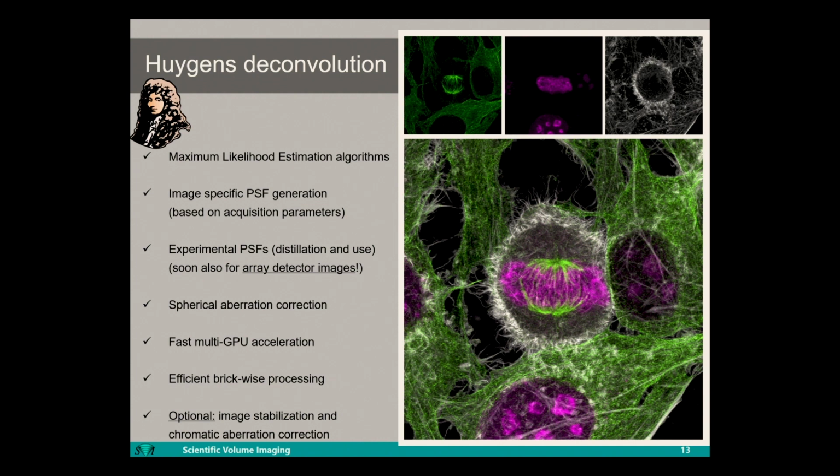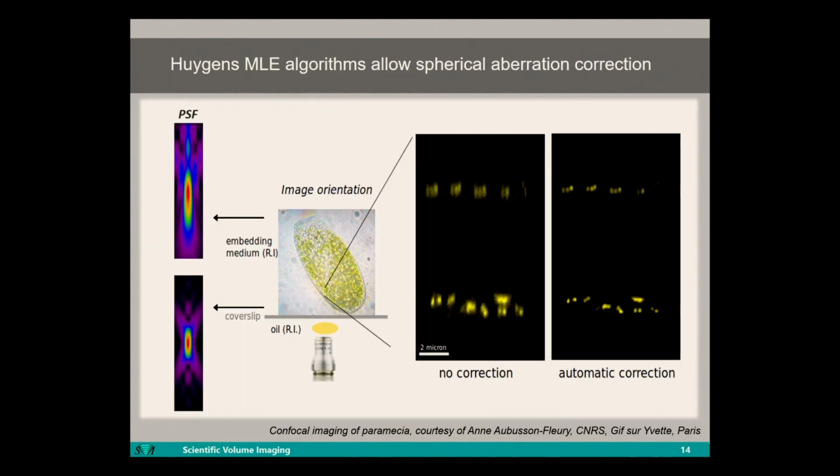Then there is also the possibility in Huygens to use additional restoration tools for correcting other imaging problems. The Huygens iterative MLE algorithm allows for the correction of spherical aberration, as I mentioned, by including point spread functions that are specifically designed for each depth within the sample.